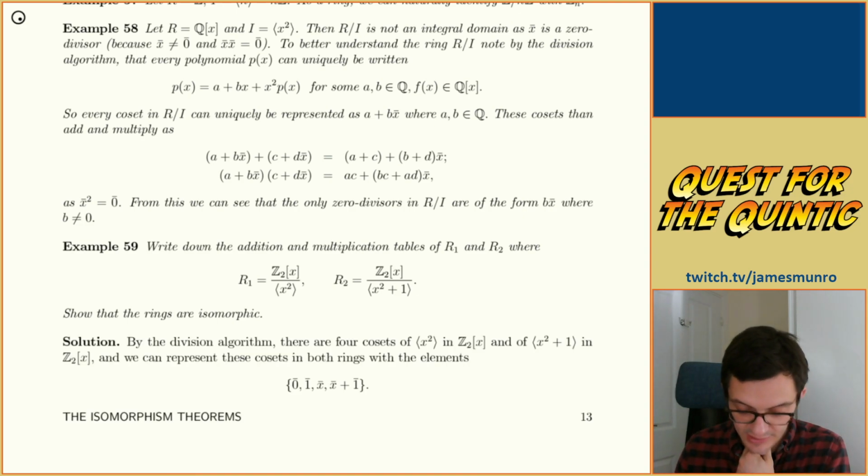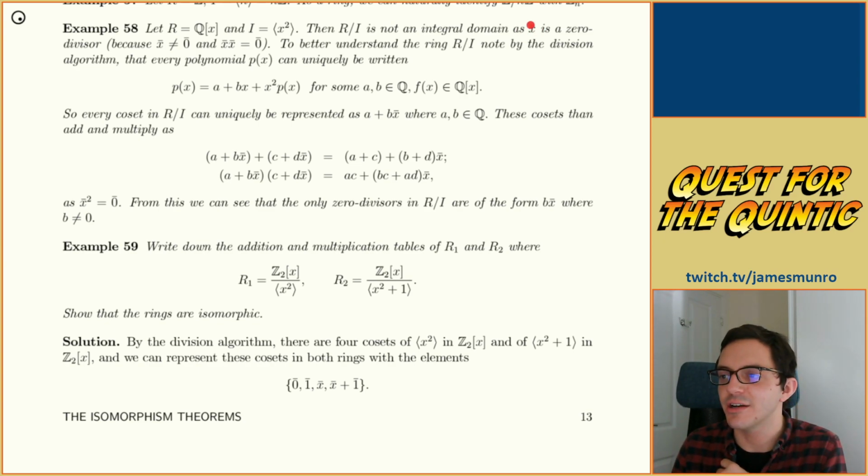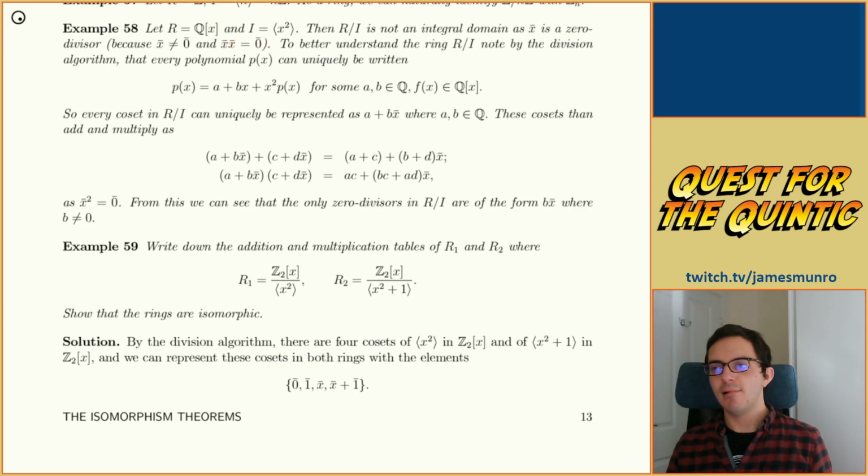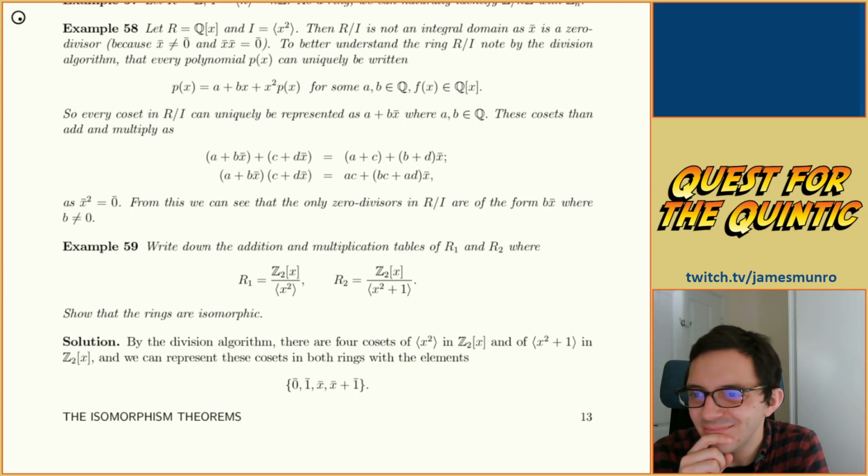R is Q[x], and try and factor out x squared. The thing you get is not an integral domain, because in there's x bar, which is the notation for things that are equivalent to x in this new world. But if you multiply it by itself, you get 0. So here's the ring.